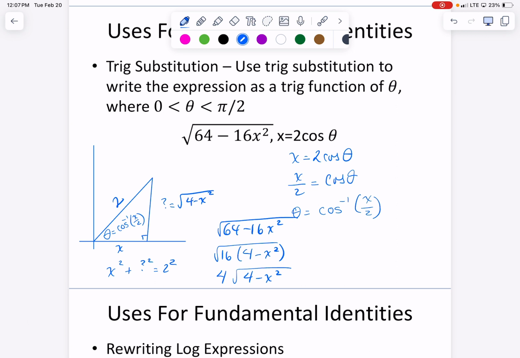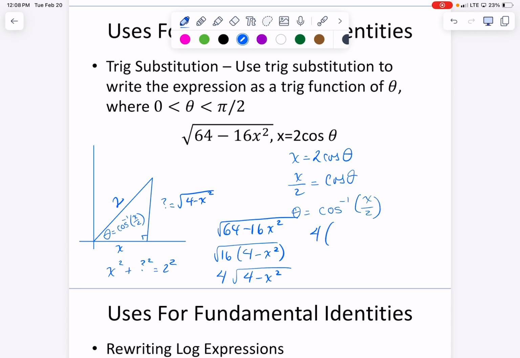So we need to look at this expression as 4 times the square root of 4 minus x squared. x equals 2 cosine theta, that's where I make my substitution.